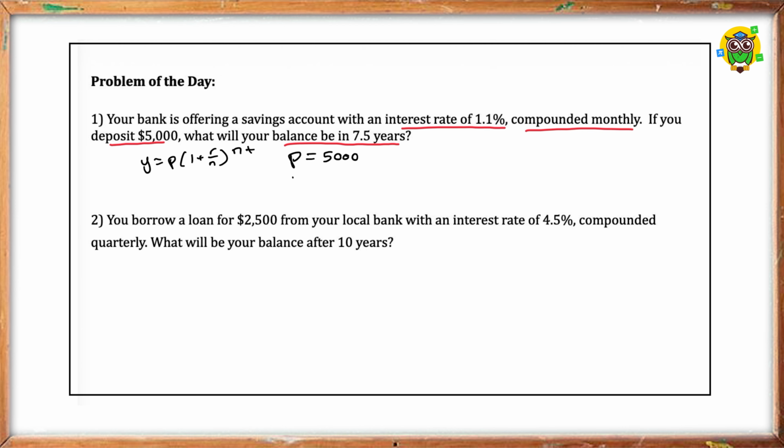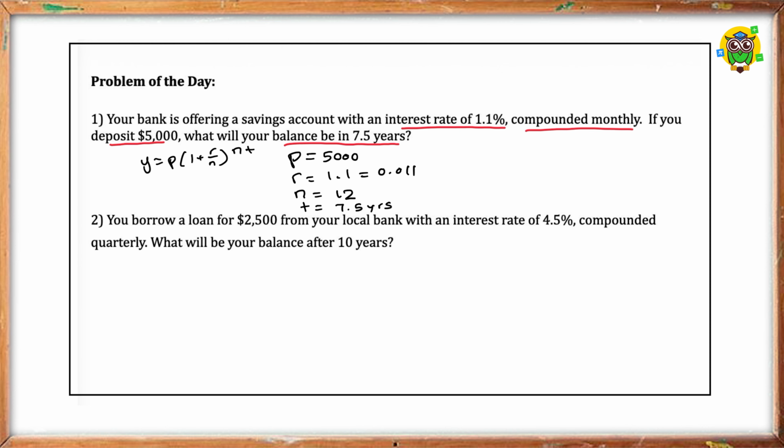We have our r value, the rate, 1.1%, which is equal to 0.011 in decimal form. We have n, which is the number of times this will be compounded. It is monthly. There are 12 months in a year. And then we have t, which is the amount of time, and that is 7.5 years.